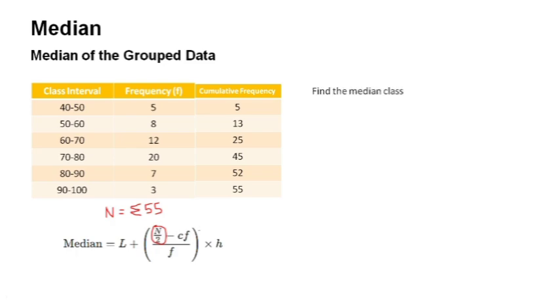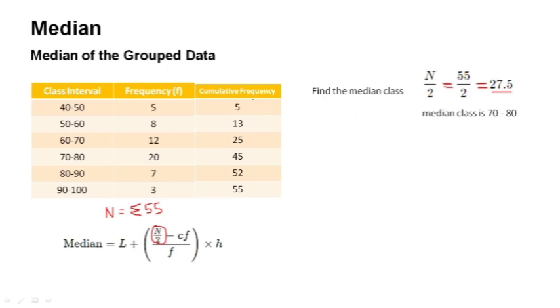Find the median class by using this formula as I told you. So n divided by 2 is equal to 55 divided by 2, then we get 27.5. Once we locate the median class, the meaning of this 27.5 is that from the frequency we locate the median class.